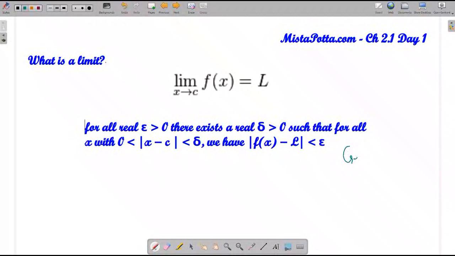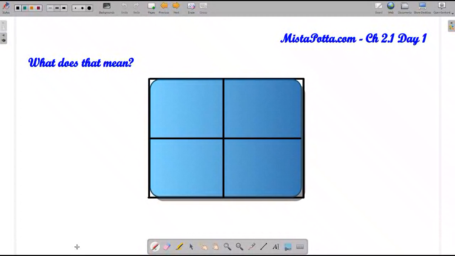And of course, this is all Greek to me. So let's talk about what this looks like from a picture.